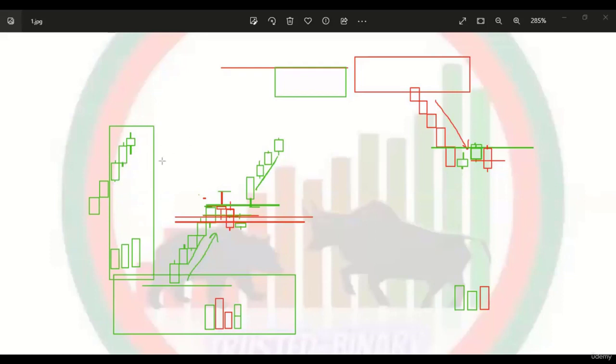Now we can add all other concepts with it. So what are the other concepts? This is a sign of continuation. It may create a hammer candle, inverted hammer candle, spinning top candlestick here, and then a wow setup here, and then this is the market structure. It's a momentum situation.